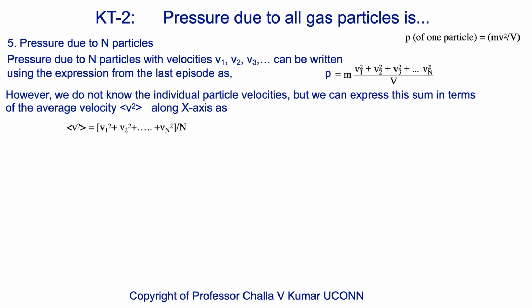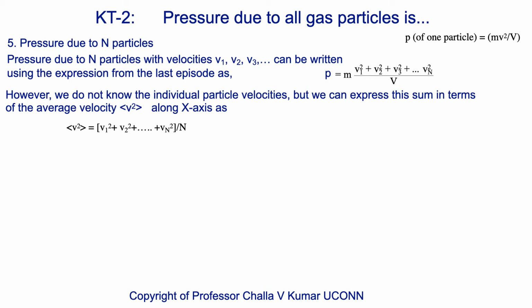So we can now convince ourselves that if we sum this series and divide by the total number of particles, we should be able to get the average squared velocity as written here.